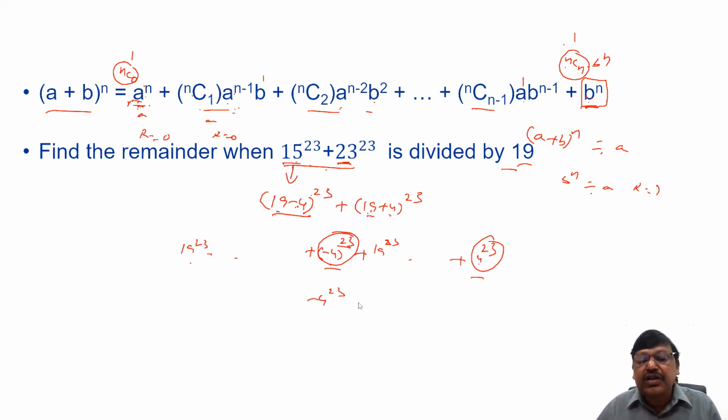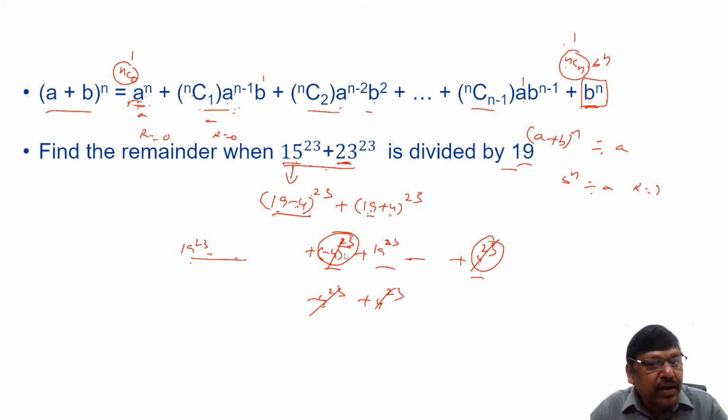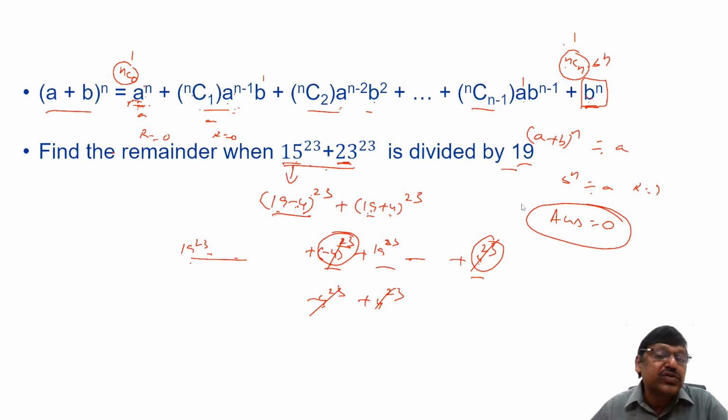Plus 4 power 23 is positive. So the positive value and negative value get cancelled. All other terms in this expansion have 19 in them, so each of them is divisible by 19, which means the remainder is 0 in each case. Hence the sum of the remainders will also be 0. My answer is 0. Like that, we can answer questions using binomial expansion.